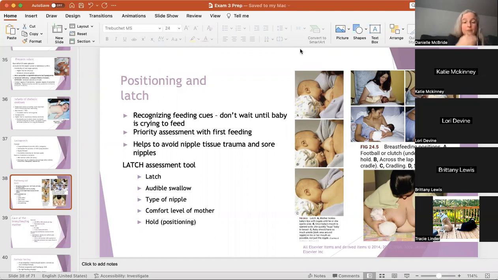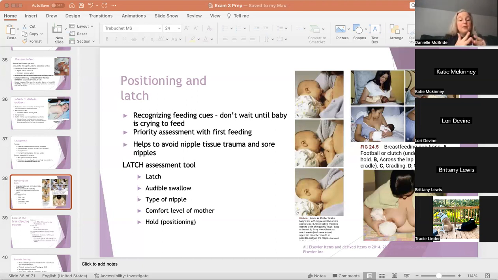So we're talking about latch, and Katie's talking about the hard palate, and that plays a role in this. And so what we're concerned about is that if we don't get a good latch that's deep, then it can cause tissue damage to the nipple.